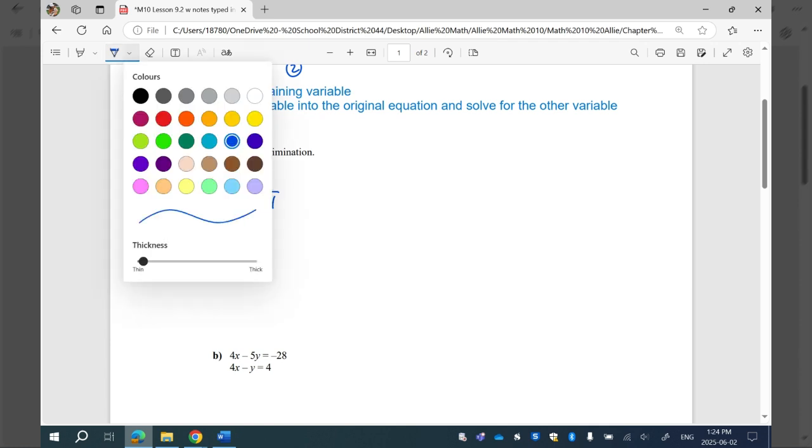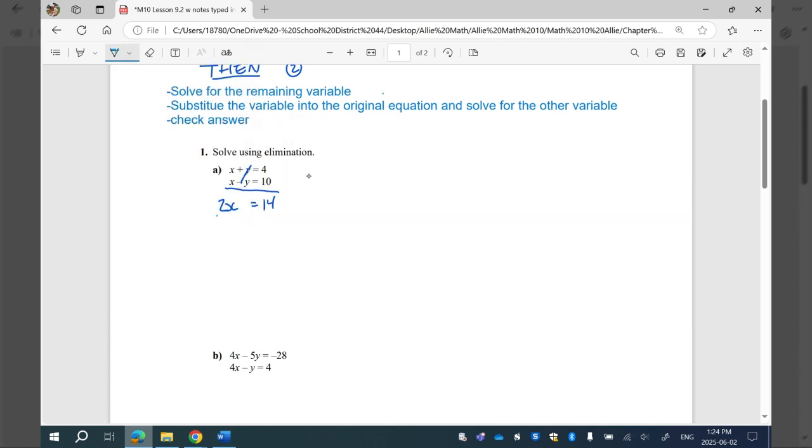And now we can solve for x, divide by 2, and x equals 7. Okay, great. And now we can substitute our 7 back into either of our original equations and solve. So we can say, 7 plus y equals 4.